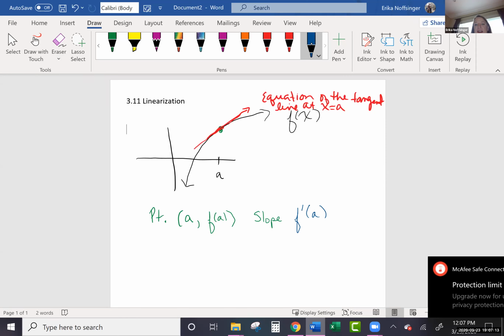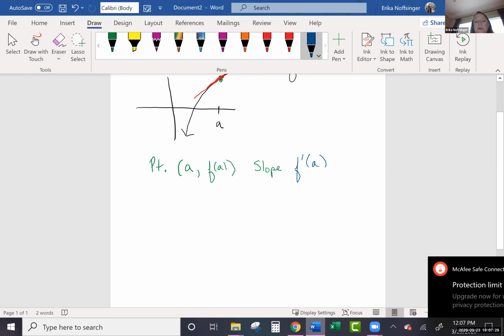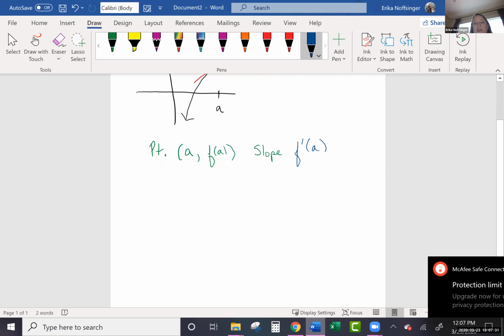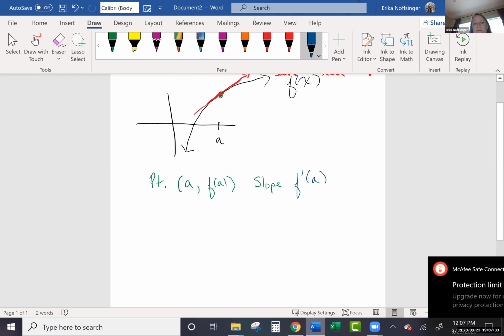When we were finding our equation of the tangent line, I typically used the slope-intercept form, y equals mx plus b. But some of you, and the book a lot of times, used point-slope form. So let's write out the point-slope form here.